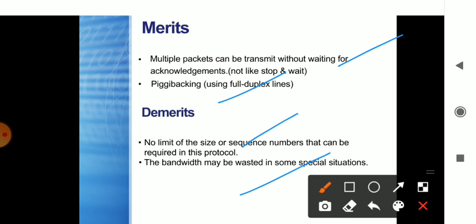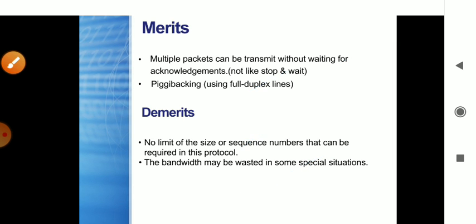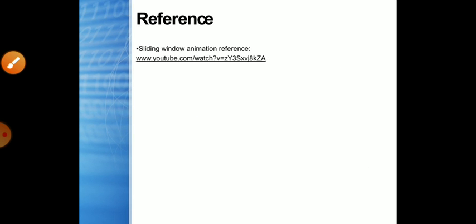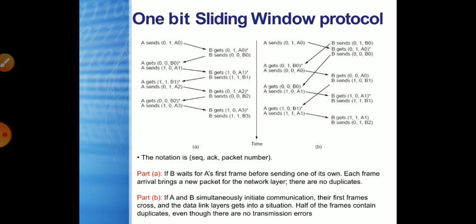So the bandwidth is not fixed each and every time, and it will be wasted in certain situations. That is the disadvantage of the sliding window protocol. So this is the concept of sliding window protocol which you have learned. Okay, thank you.